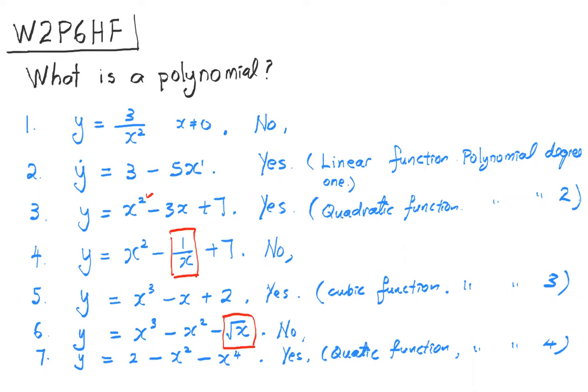Power half? Yeah, power half. Or power 3 over 2, which is more than 1. If I have y equal to x root x, which is x to the power of 3 over 2, the power is more than 1. This is not a polynomial also?